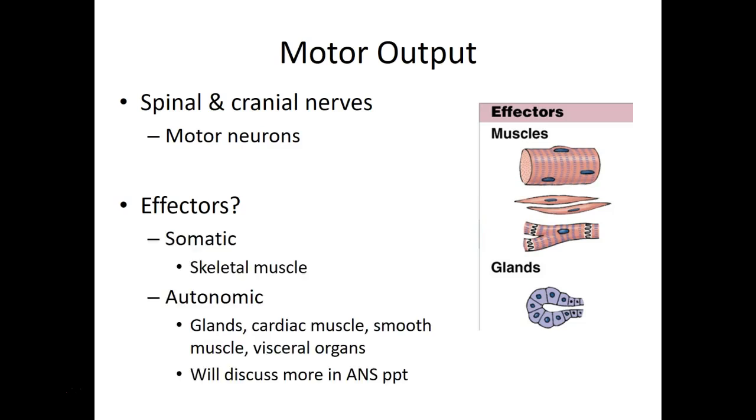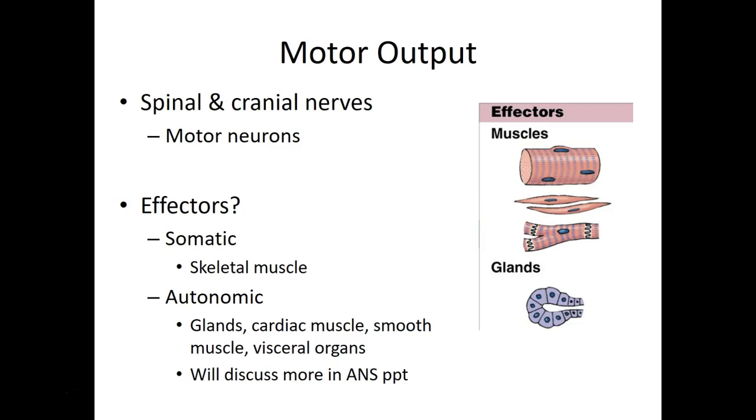So here, the motor output from that sensory information could be motor neurons, which is going to be happening from the spinal and cranial nerves. Effectors are going to be anything that receives that information from the central nervous system. So when we talk about somatic effectors, that's skeletal muscle.